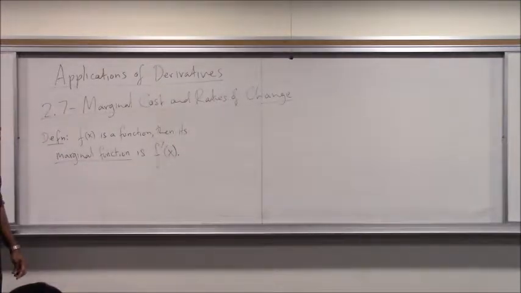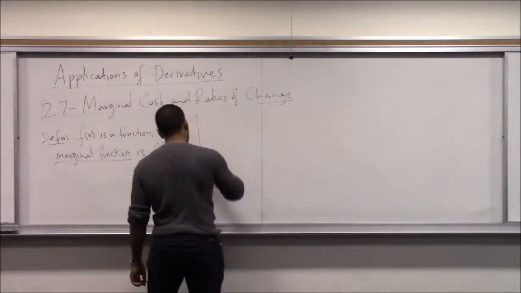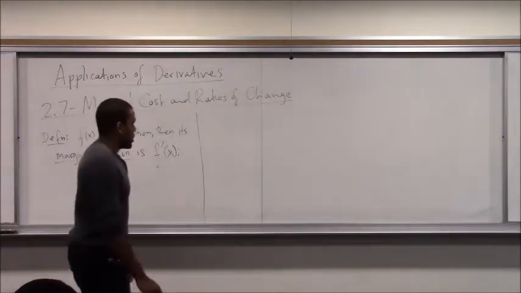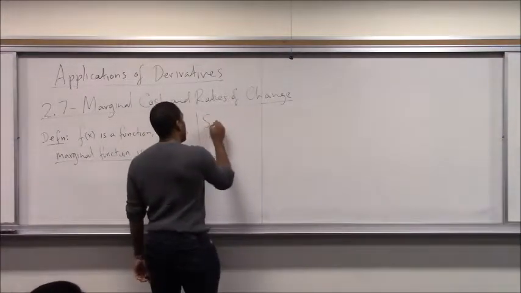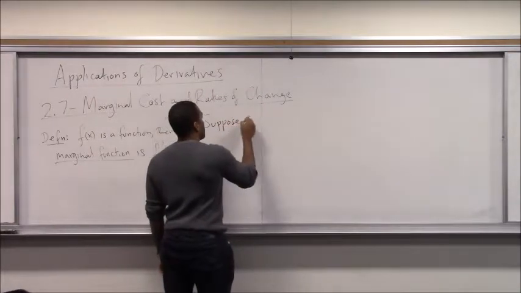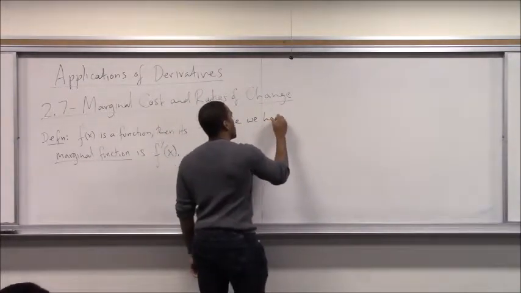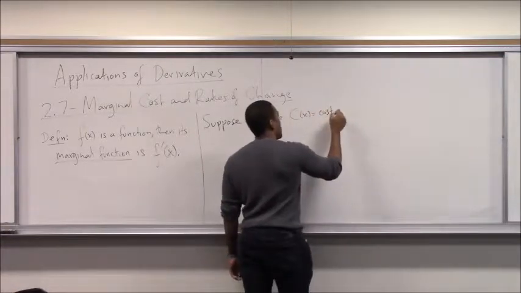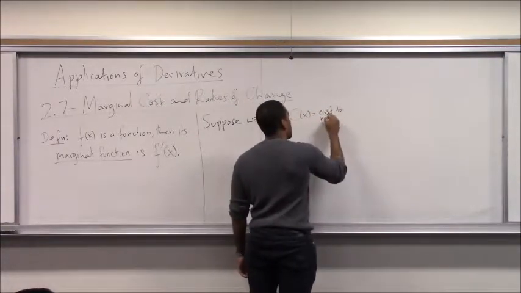And so let's actually talk about what that is, and then we'll talk about how to actually use this information. So suppose we have c of x, and this is the cost function, cost to produce x units.